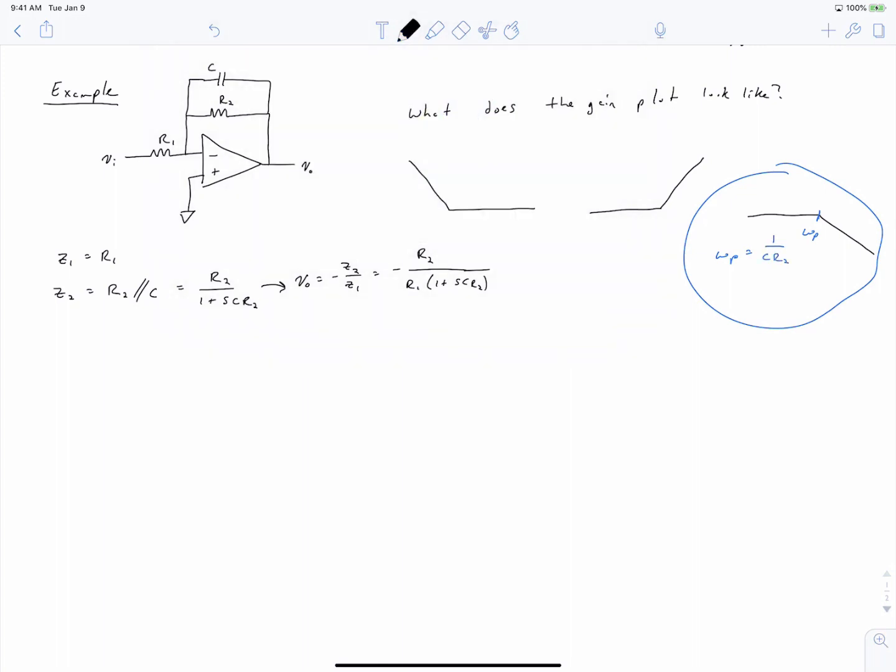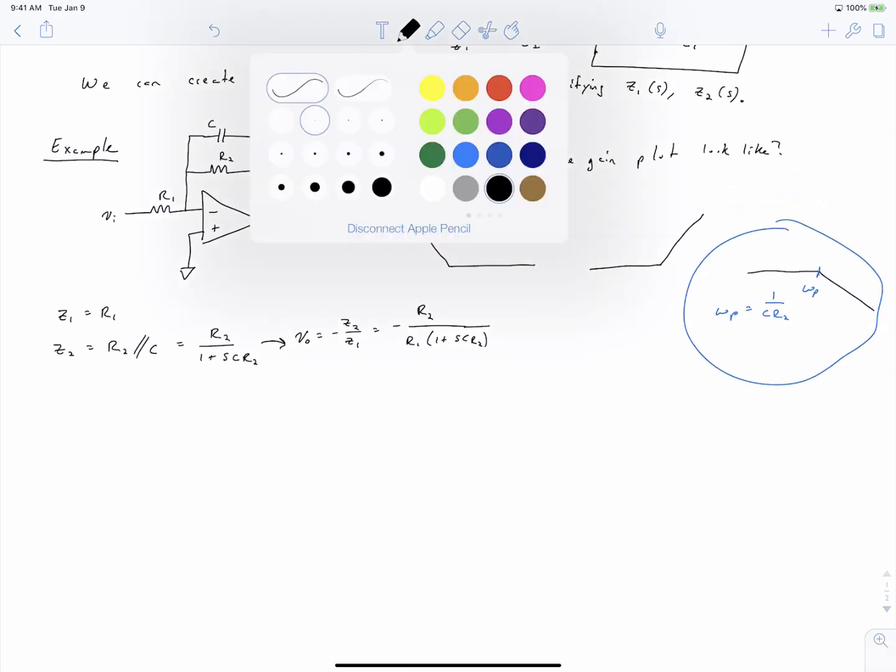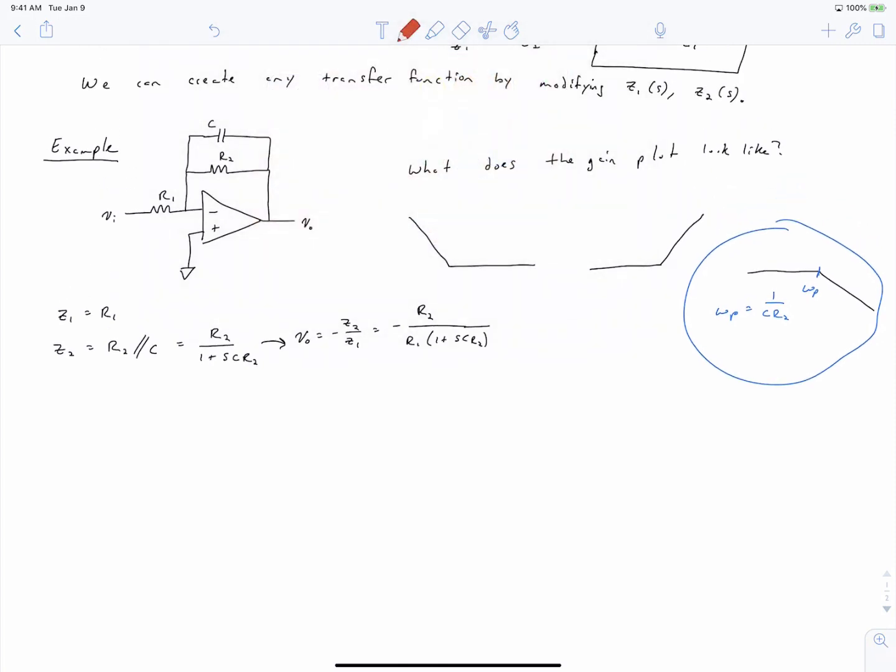We see that we can add a pole to this transfer function, and we could have modified this further by deciding that, hey, maybe we don't want Z2 to become too small at high frequencies. We could actually introduce a resistor in series with this capacitor, and that would add a zero to this transfer function.